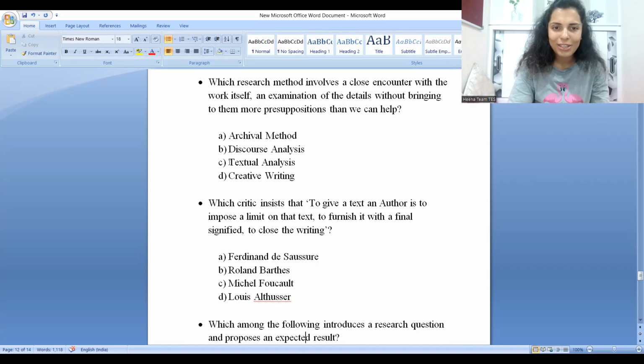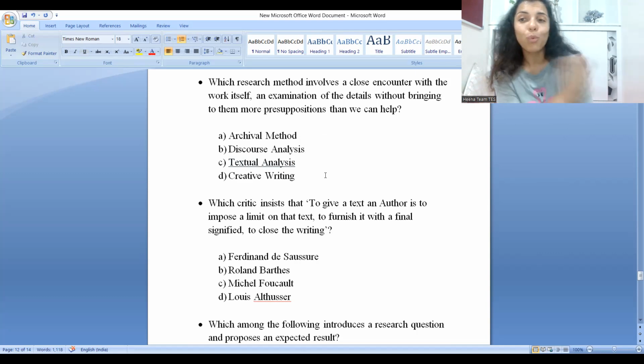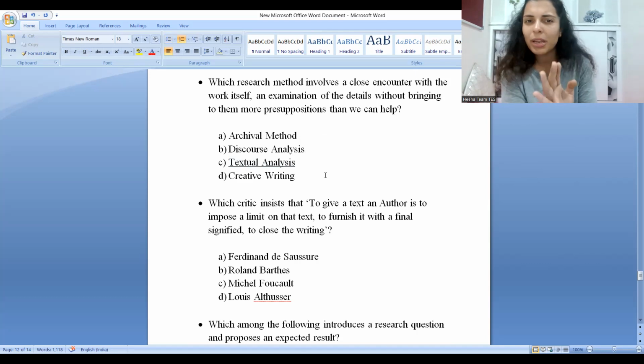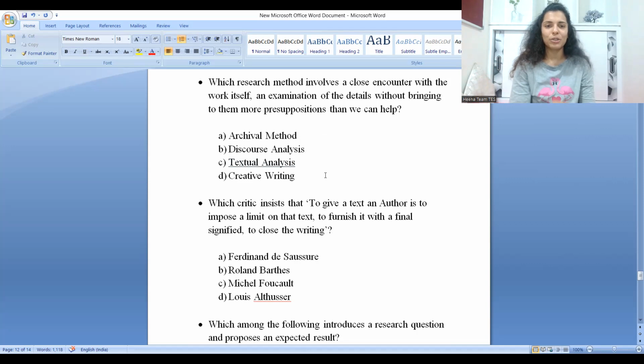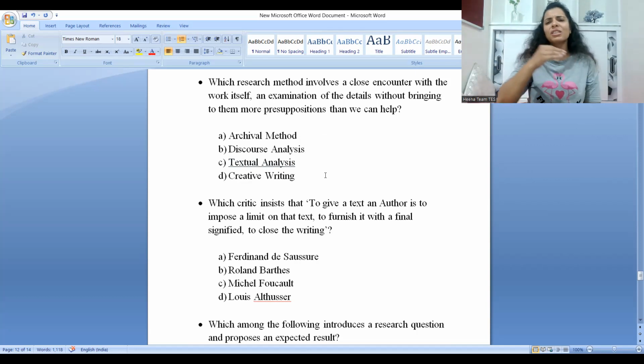It is option C, textual analysis. So what is textual analysis? It is a close encounter with the work itself, with the text of the work itself, without bringing presuppositions to it.